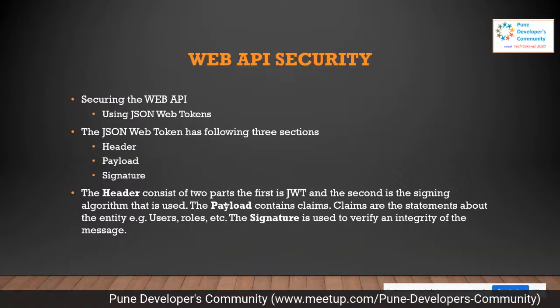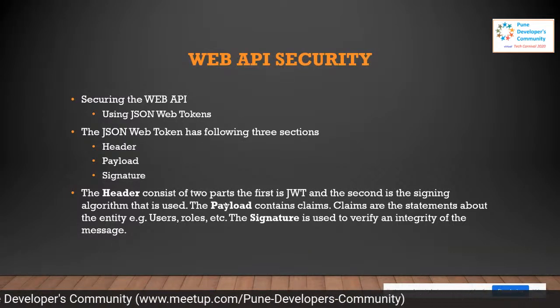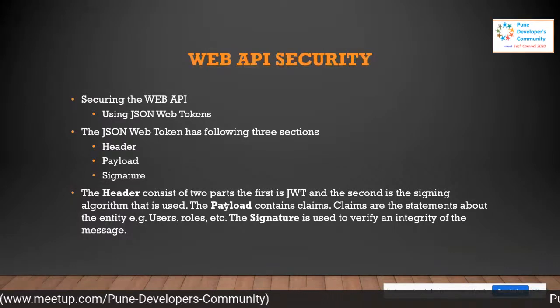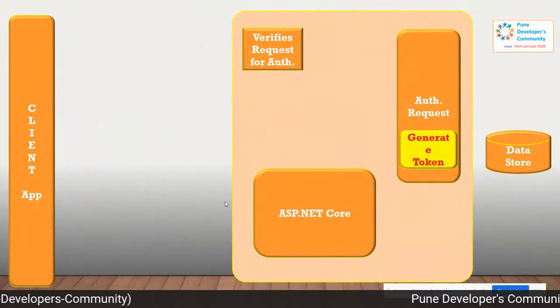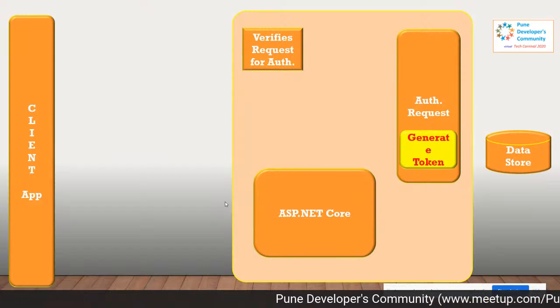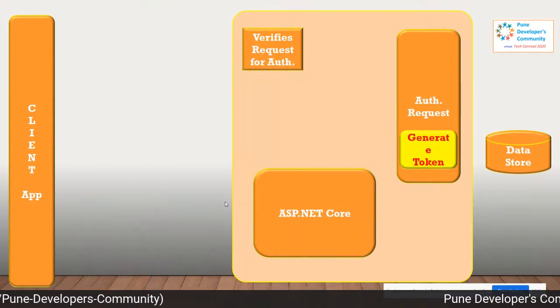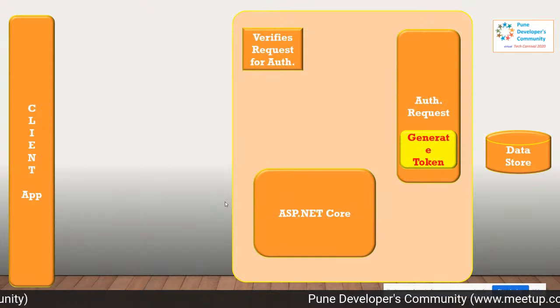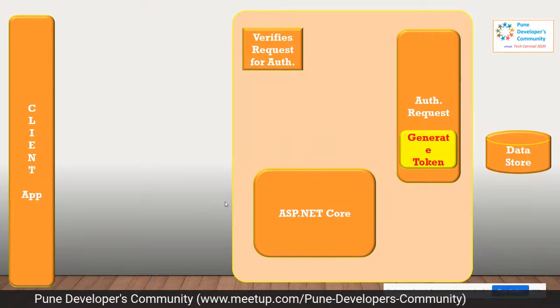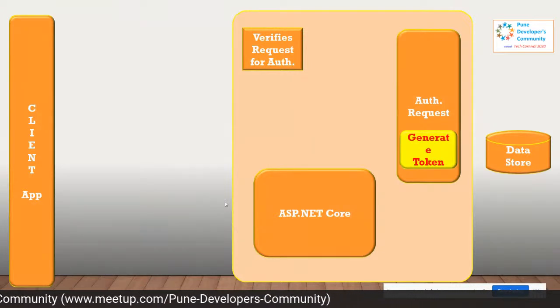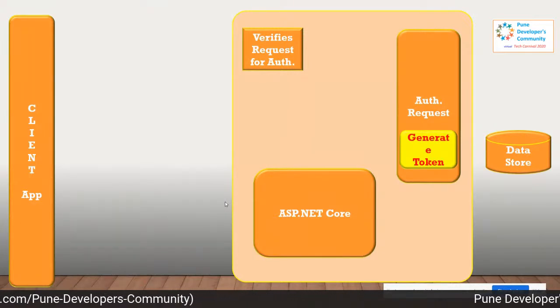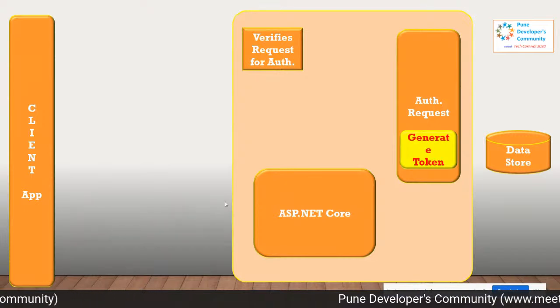Okay, so now the question that arises is how this is going to work. So here, see the application diagram, or I should say the way of going for token-based security. This is the process of how it's going to work.